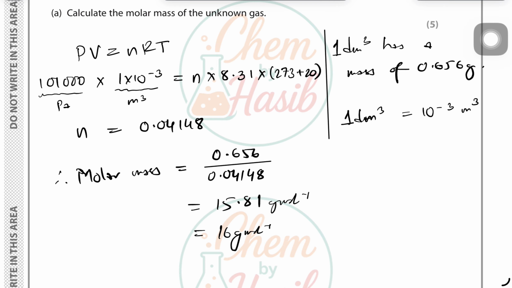So if nothing is said in the question about the number of significant figures, you can round it to any SF except 1 SF. 1 SF will always be marked wrong.